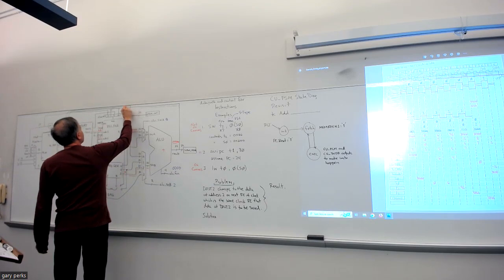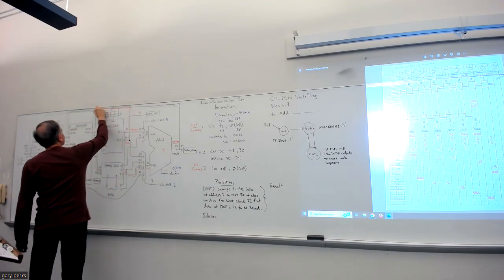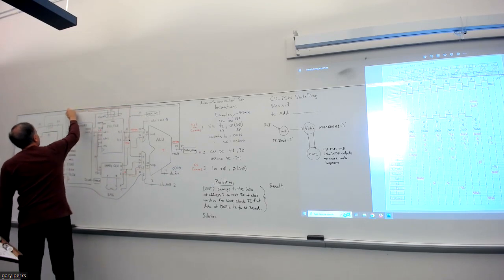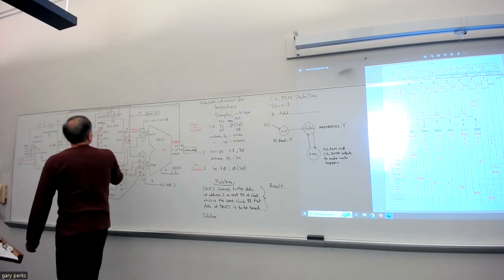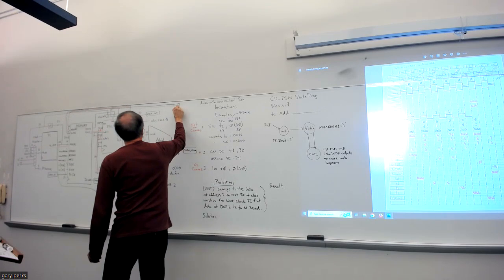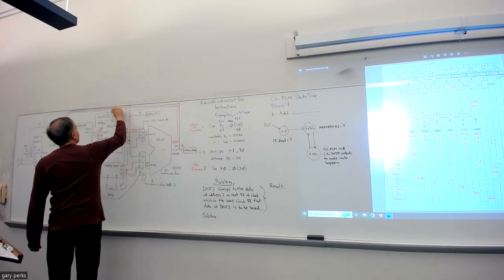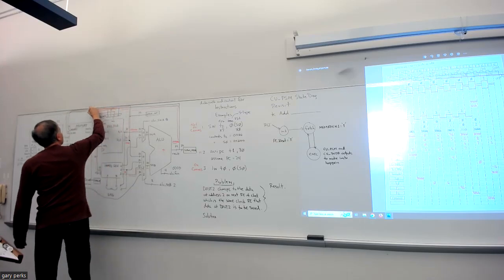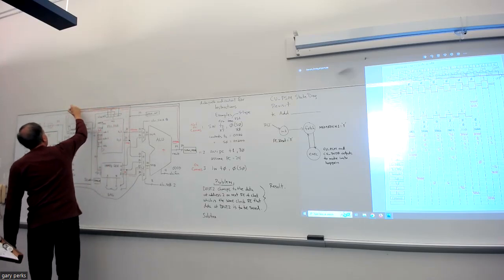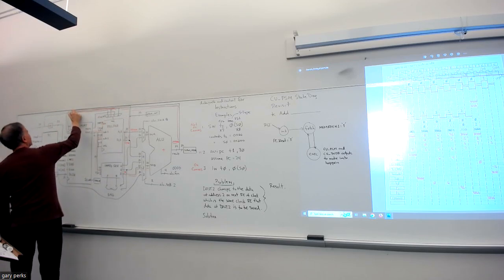Okay, so this goes all the way to the data memory model. And then here it goes all the way. Oh, did I follow the wrong line? Oh, there it is.